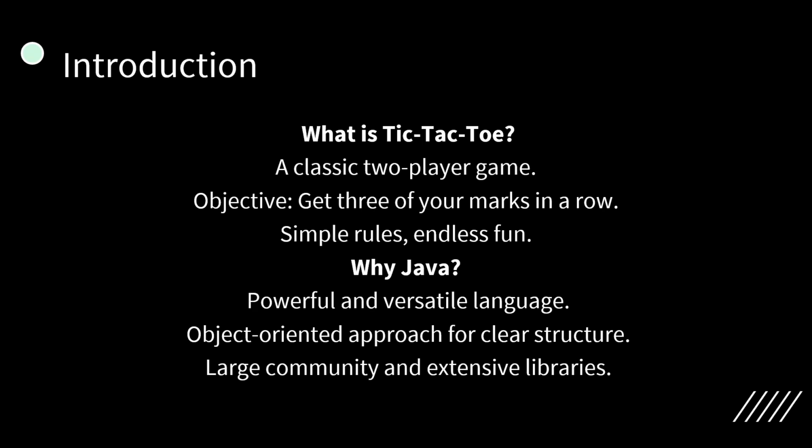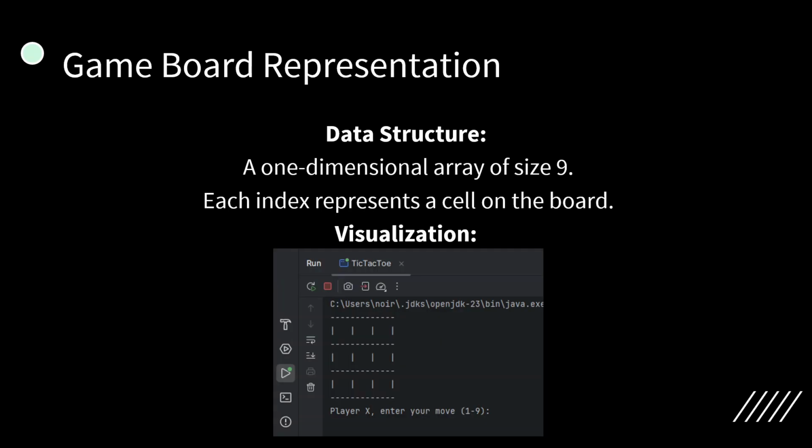It is an object-oriented approach with a clear structure, which shows that we can reorganize or categorize our code very efficiently, and we can debug it very easily. Also, Java has a large community and extensive libraries for all professional needs. It is a time-tested language which solves most programming problems and challenges. So now let's move on to the next slide.